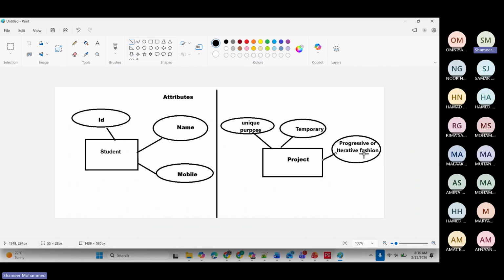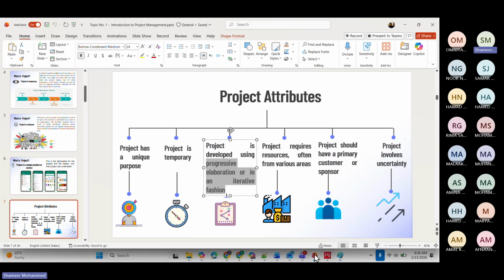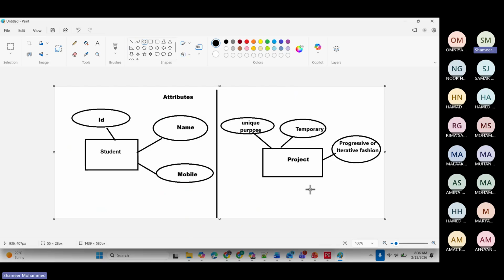Fashion, that is, style: progressive style or iterative. Iterative means repeating. So this is one of the characteristics. Then another one, you need resources, that is, people, tools, technology. And various things you need here. That is also one of the attributes: resources.